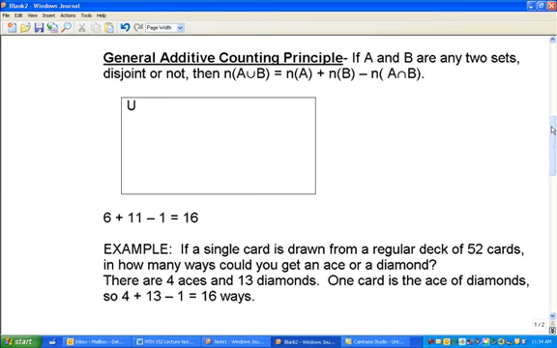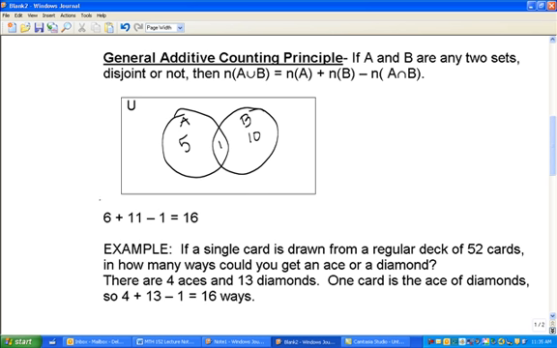Alright, the general additive counting principle. If A and B are any 2 sets, disjoint or not, then the number of elements in A union B equals the number of elements in A plus the number of elements in B minus the number of elements in A intersect B. So if we have A and B here, and we want to talk about the number of elements in the union of A and B, we can see it's 16 just by looking at the picture.